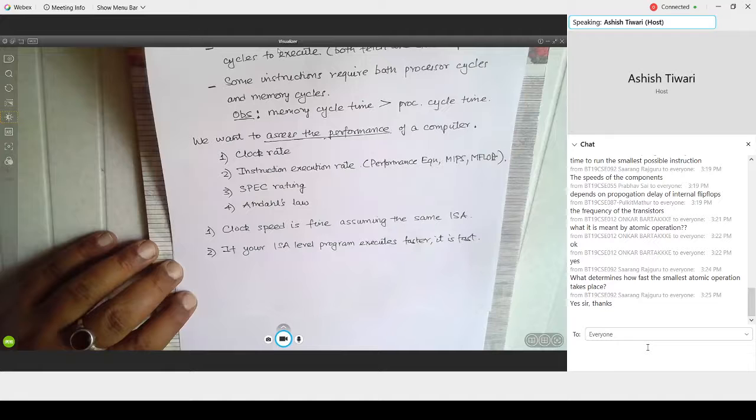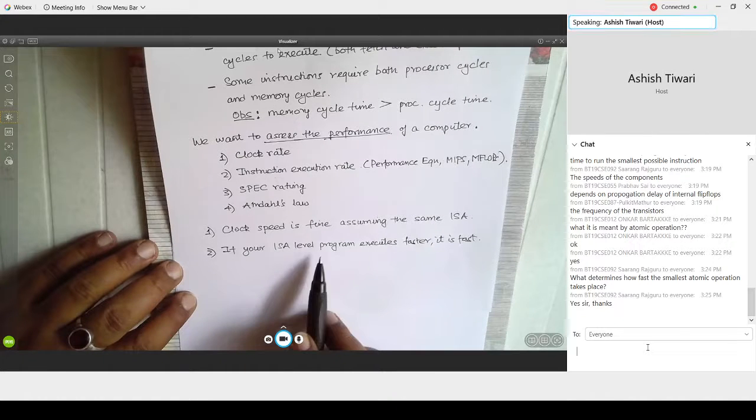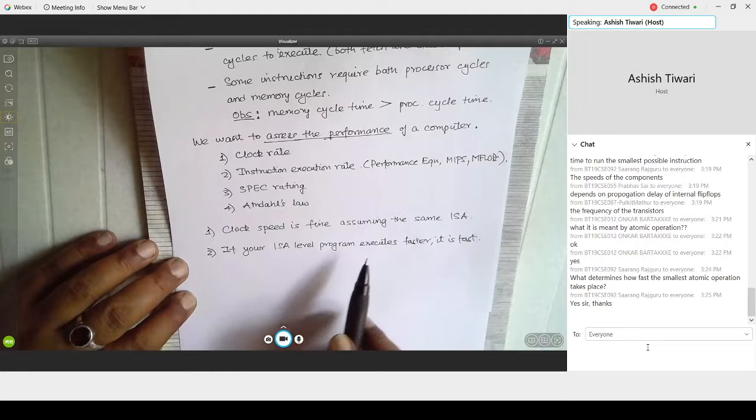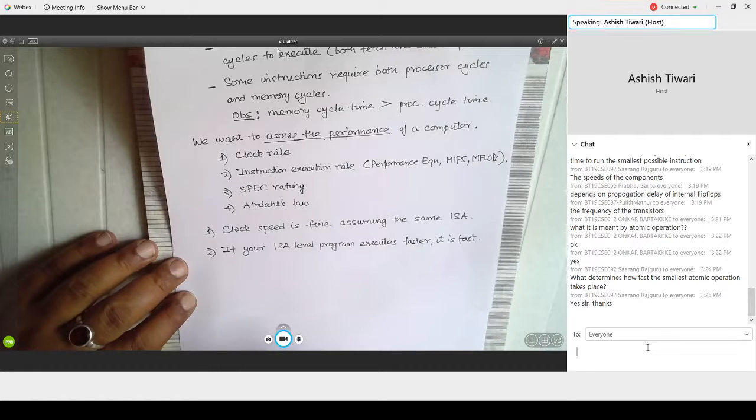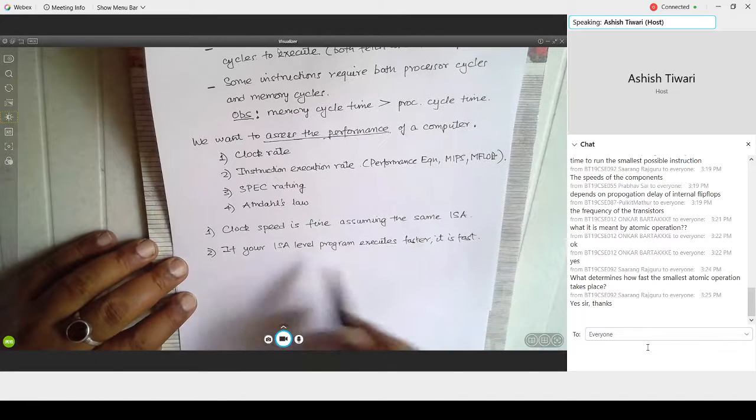So what we are saying is that if somehow you could time your execution time, so you could figure out the time it takes to execute your ISA level program, then things could be fine. Which, well, it seems so. So let us try doing this one.